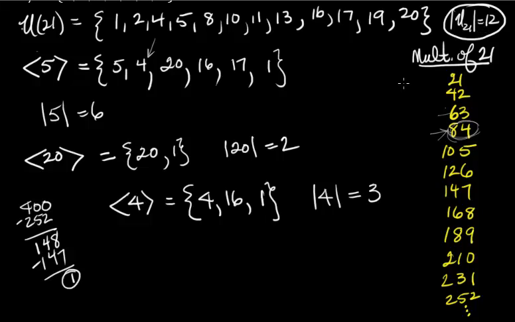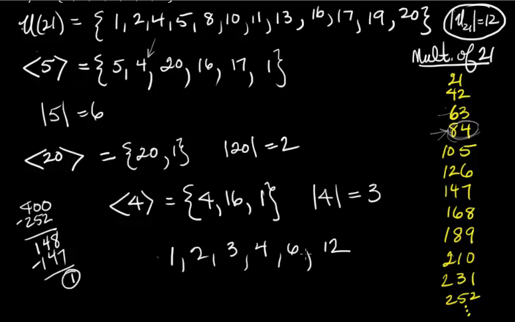And if you do all of these, you will find out that the order of the elements in U21 are either 1, 2, 3, 4, 6, or 12. You won't necessarily get elements of all of those orders. I don't think I found one of order 4.